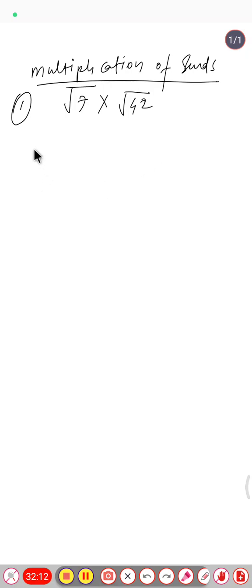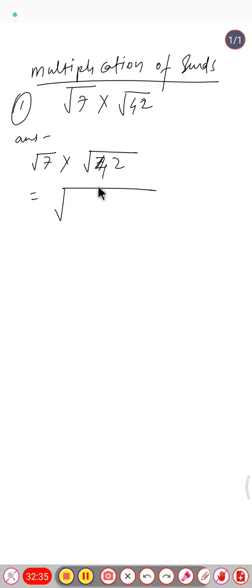So what we have to do is calculate it directly: it's 7 into 42.